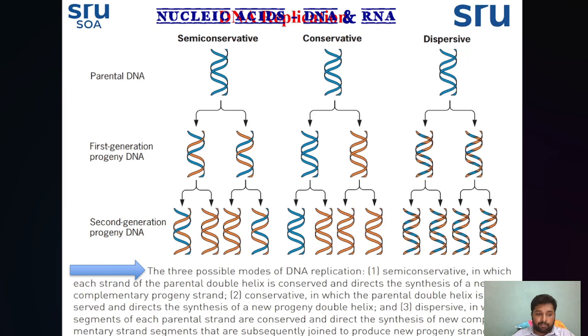According to the conservative scheme, the two newly synthesized strands following the replication of a DNA molecule would associate to form one double helix, while the other two old strands would remain together as one double helix. Two new DNA strands are there, two old strands are there.